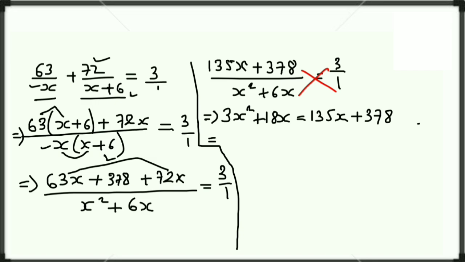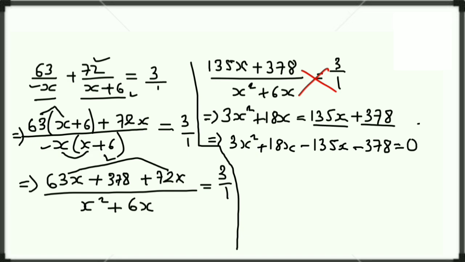Now 3x square plus 18x as it is, and this plus 135x also comes to LHS and becomes minus 135x, and this 378 also comes to LHS and becomes minus 378 equal to 0.